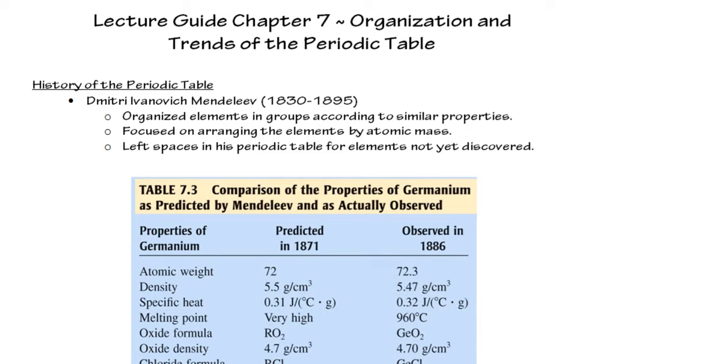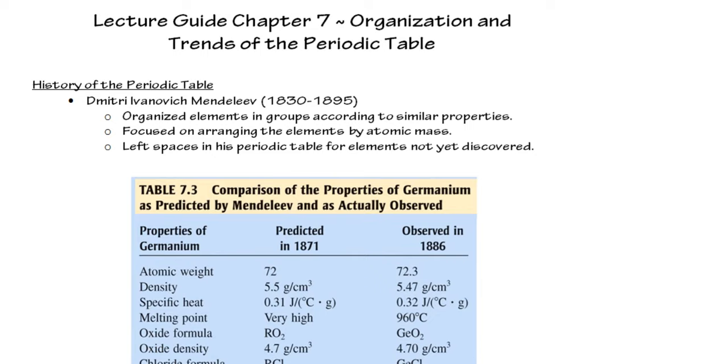So he did leave spaces in his periodic table if he noticed a large gap in atomic masses. He could maybe speculate that there could be an element that's not discovered yet. I'm not exactly sure what that element is. It's probably going to have similar properties to the elements nearby.